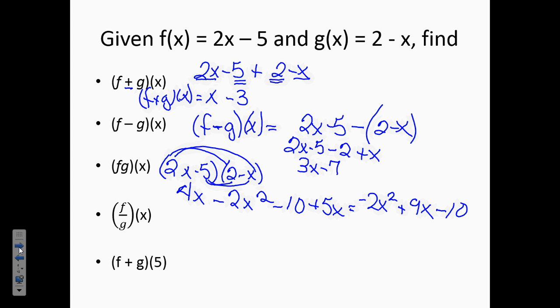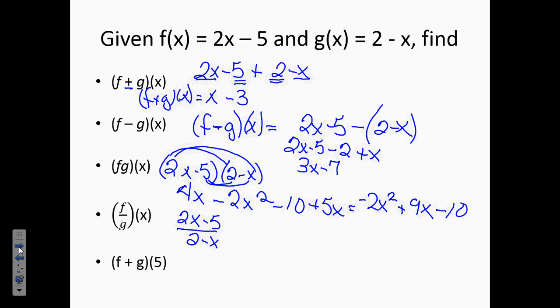Okay. f divided by g, 2x minus 5 over 2 minus x. But I have a special thing I have to worry about here. And what is that? Denominator can't be 0. What would make the denominator 0? x is 2. So now my domain is changing.